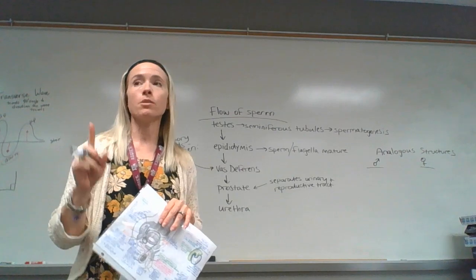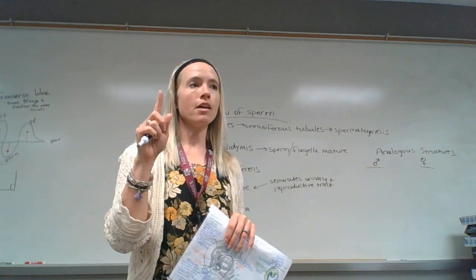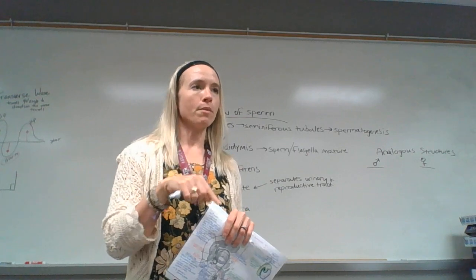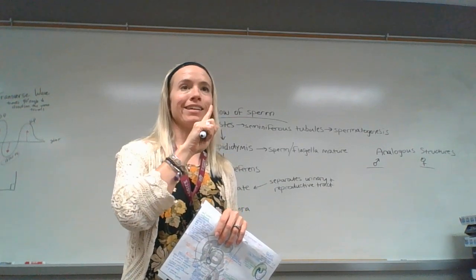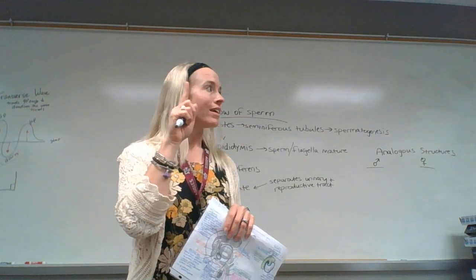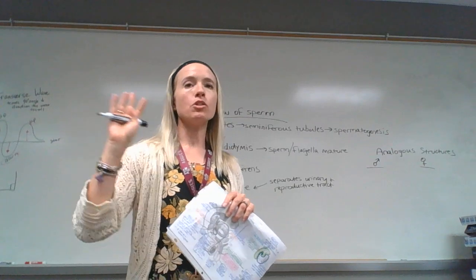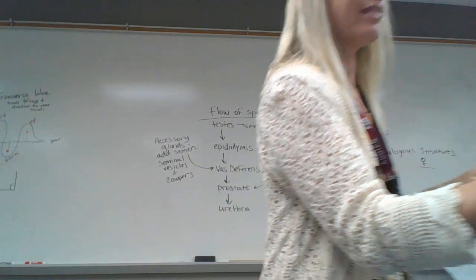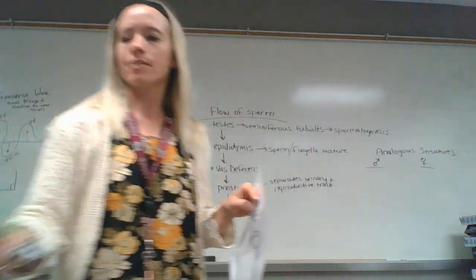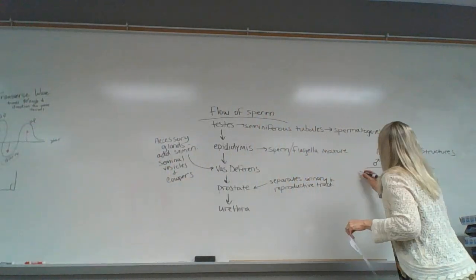Make sure you watch it before tomorrow. What two structures on a man's body is proof that they were once female? Nipples and the dark line on the scrotum. You don't need to know the name of it, but you need to know why that's proof that they were female.